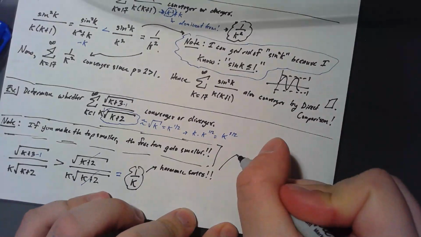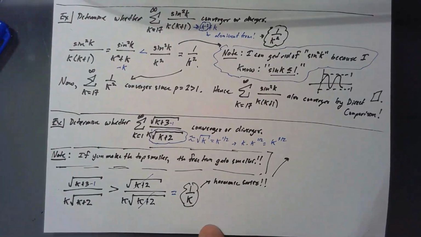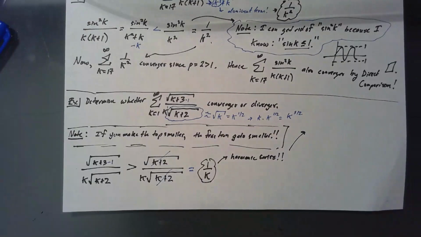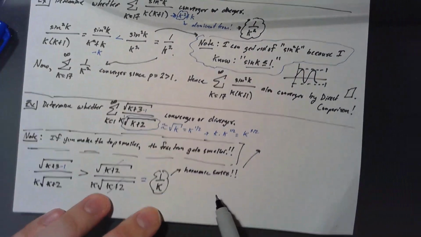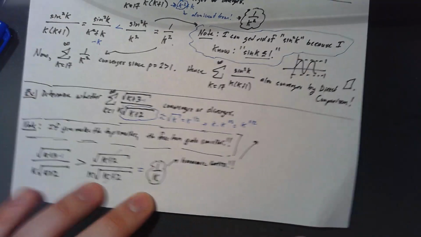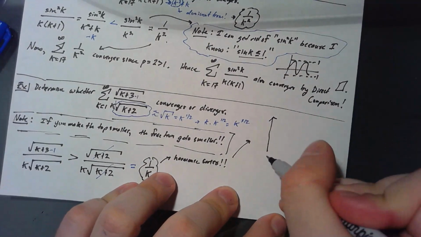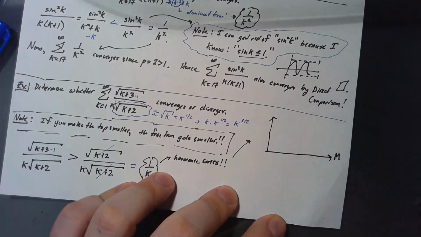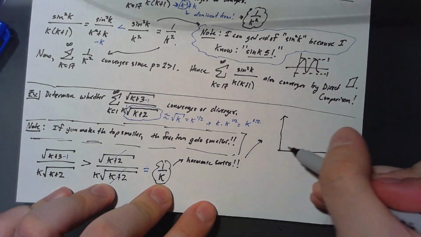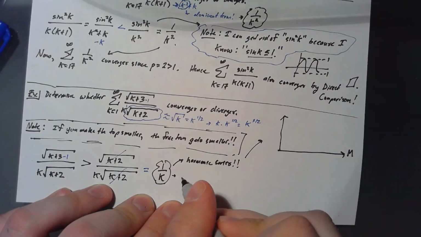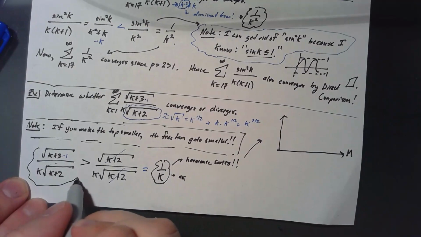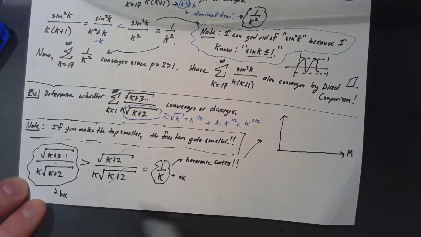So what can I say here? This is an example of case 2. What does our harmonic series do? Harmonic series diverge. If I make my graph here, this series is diverging, which means it's going off. Let's say that's A of k, and let's say this one is B of k, for comparison's sake.